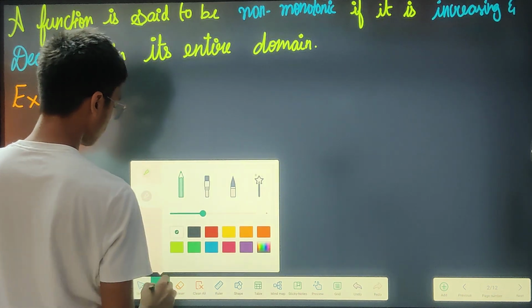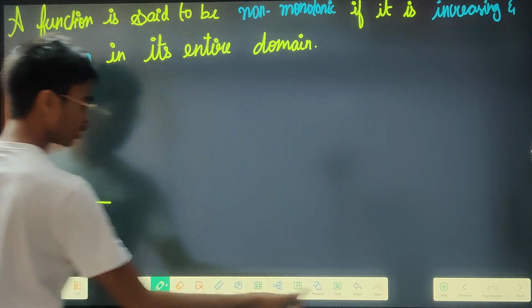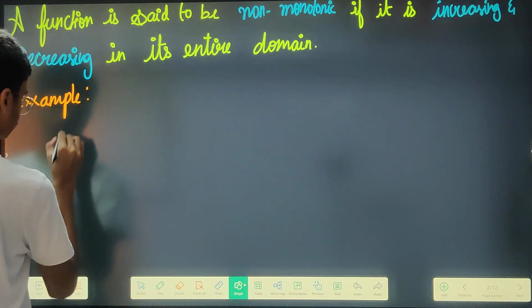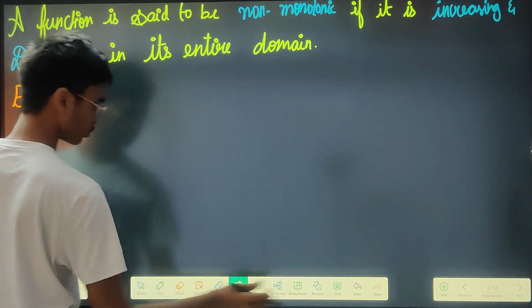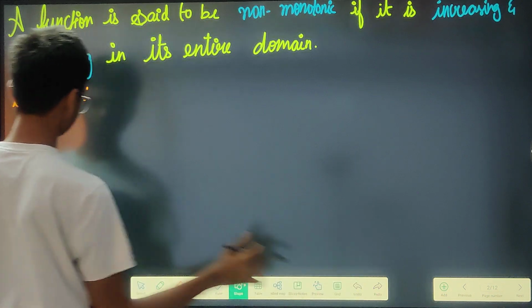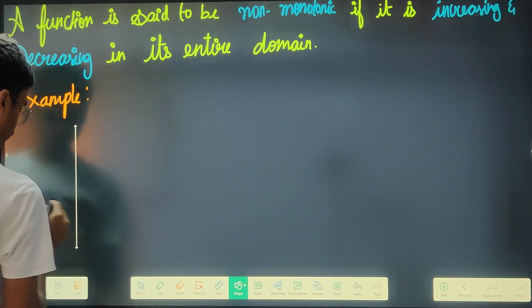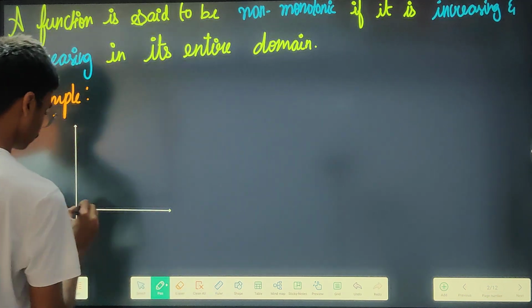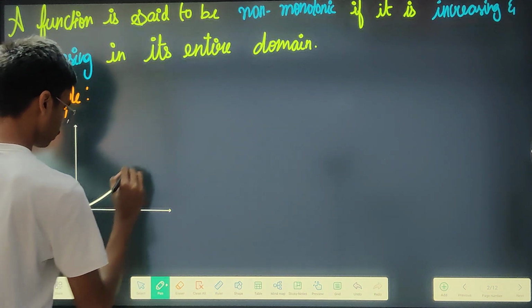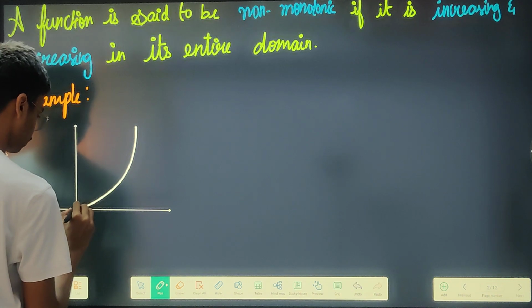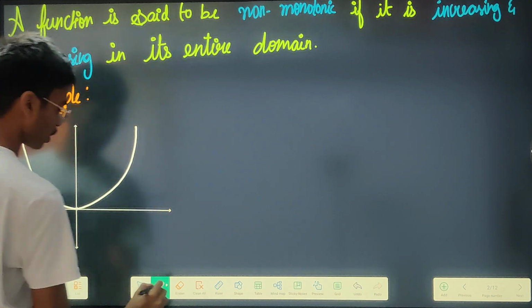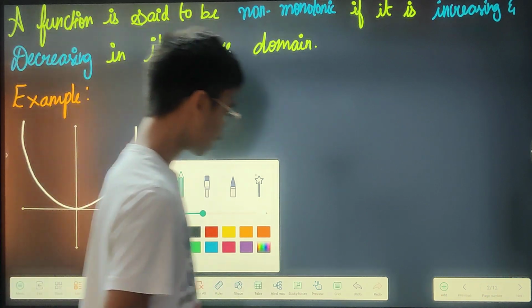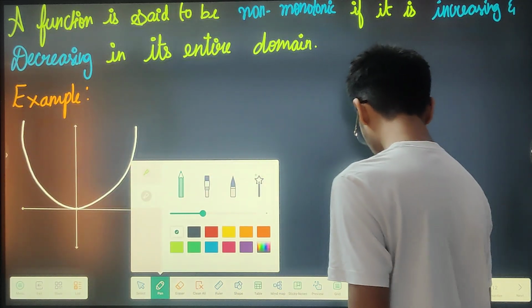The best example is this one. You can see that this is non-monotonic because it is increasing and decreasing also. That's the reason.